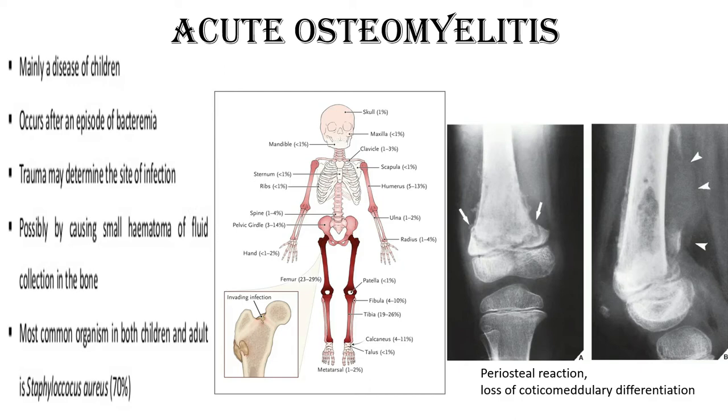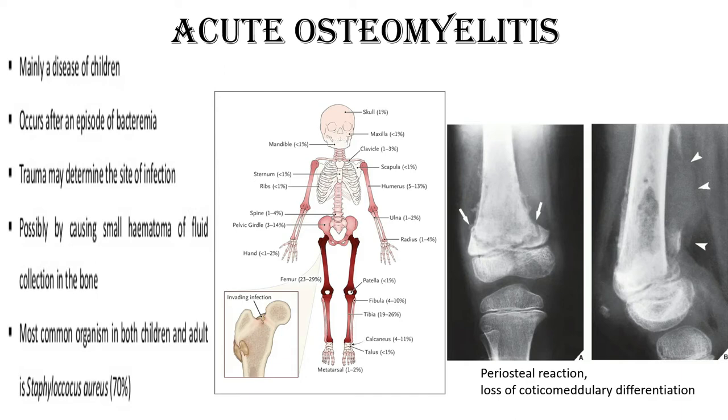That means clinical suspicion of acute osteomyelitis is very important, because we can save the life of the child, we can save the child from complications and limb problems, and in the long term we can avoid multiple surgical options to manage the complications.